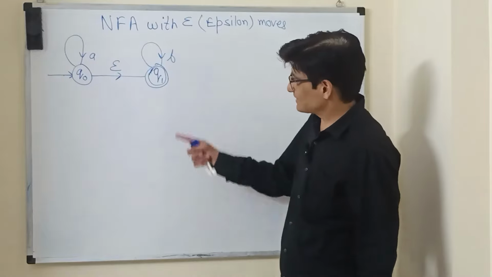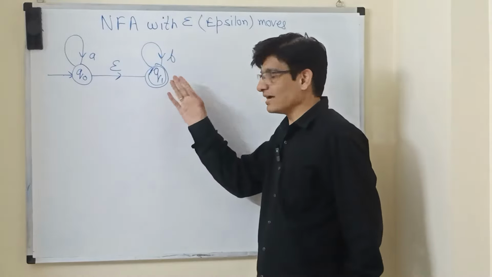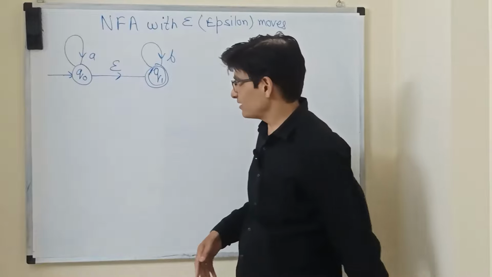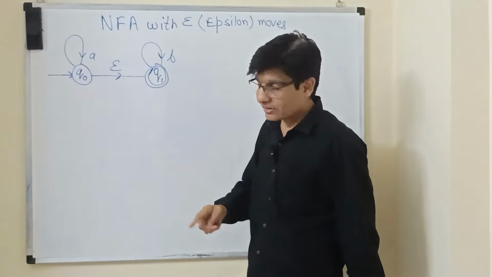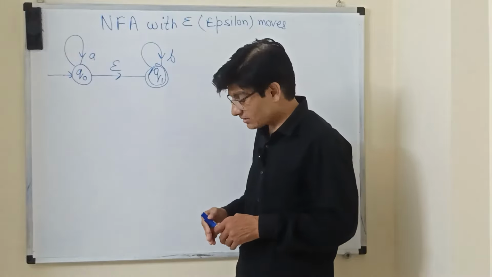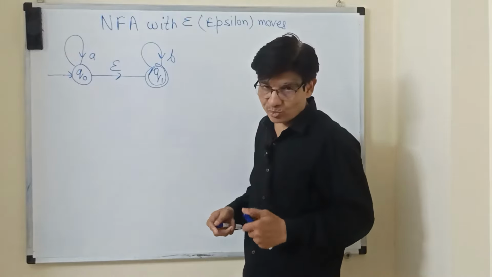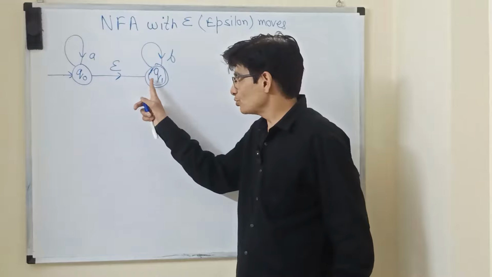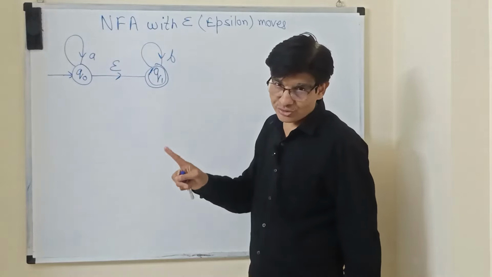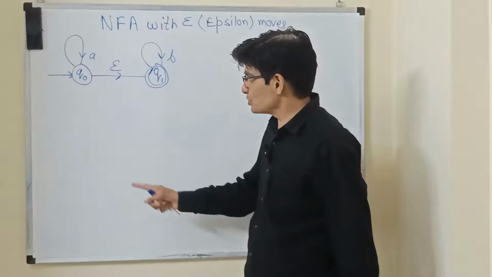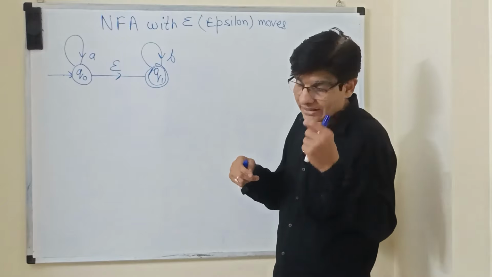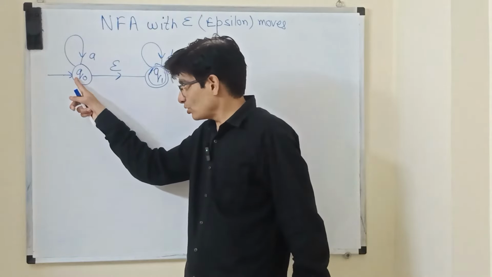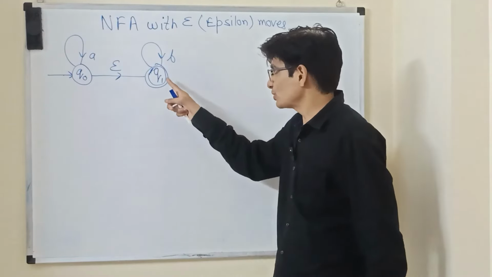So now, friends, this is the example of an NFA with epsilon move, and you can see here in this machine we have one epsilon transition. So without using any input, we can move from Q0 to Q1. Now, as Q0 is the initial state, when we are getting some input, we have to stay on Q0 or we have to move to Q1.